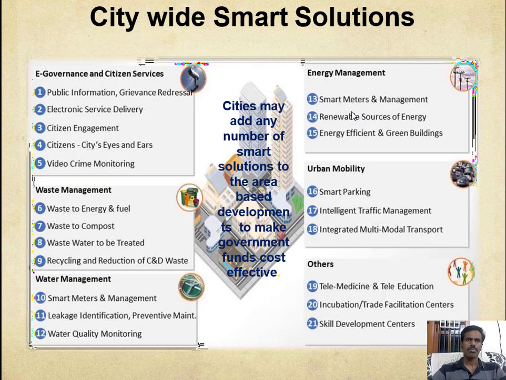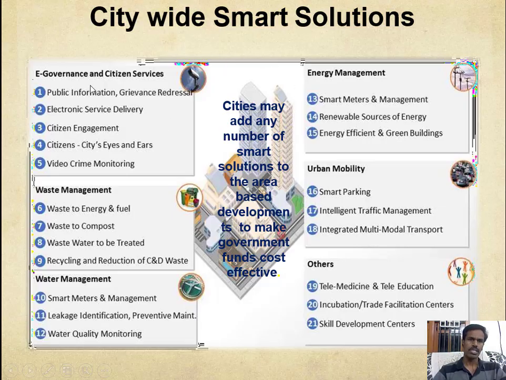The second objective of the smart city is that we have to provide a smart solution. These are the various sectors where we have to provide smart solutions. There are six major areas: e-governance, waste management, water management, energy management, urban mobility, and others. In those six major areas we have to provide a smart solution.